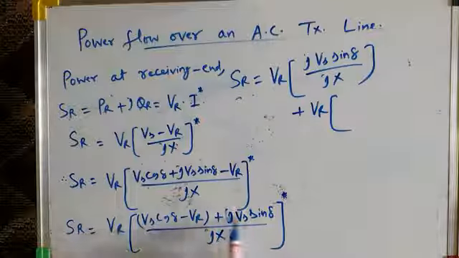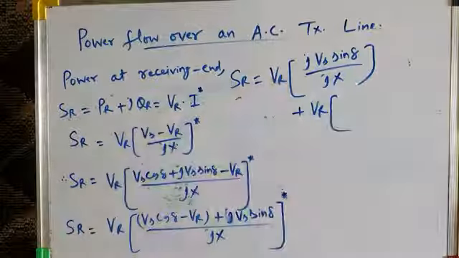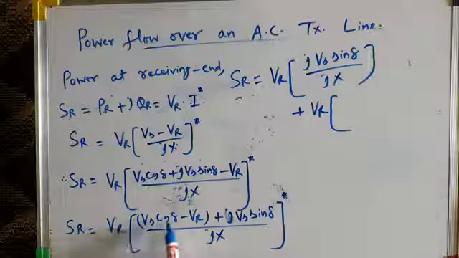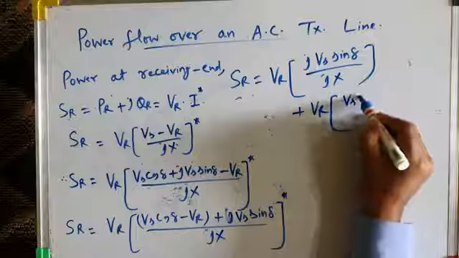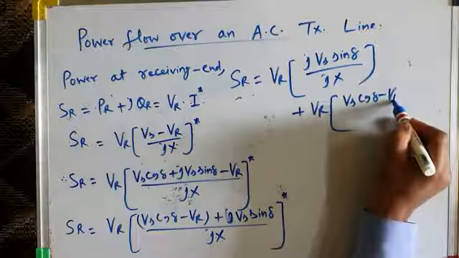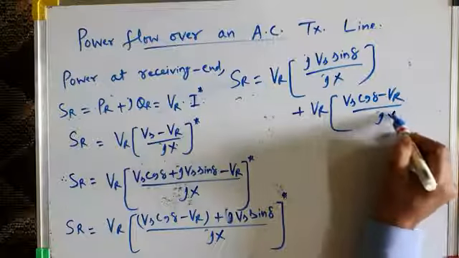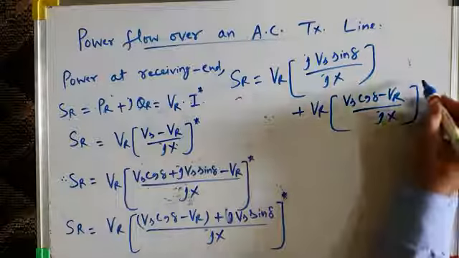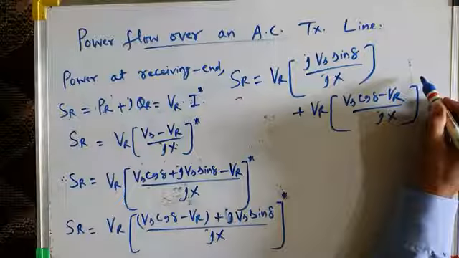First I have multiplied this and divided by this, I got this, and then I will multiply this term with this term. This term is Vs cos delta minus Vr by jX. Okay, this is complex conjugate, of course.